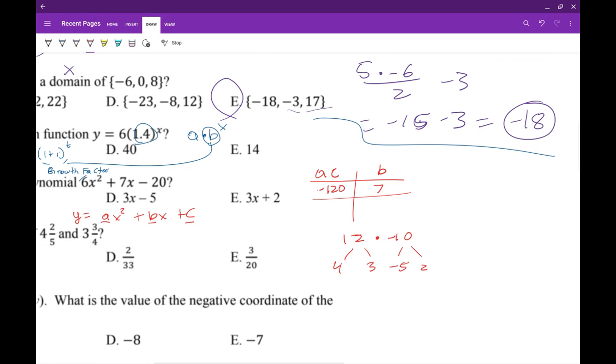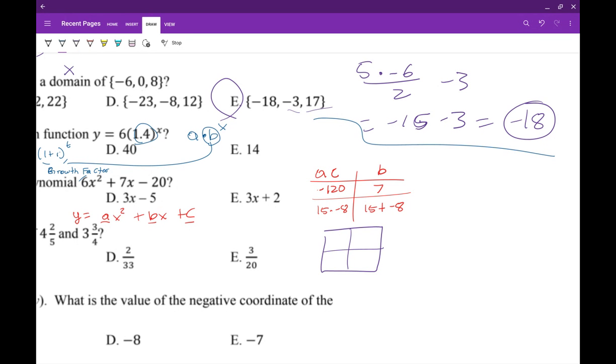Then I find that if I have -8 and +15, that multiplies to -120 and adds to 7. Now I know how to break up b, so I can either do the box method or I can factor by grouping.